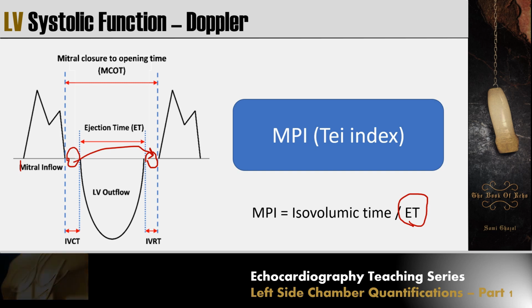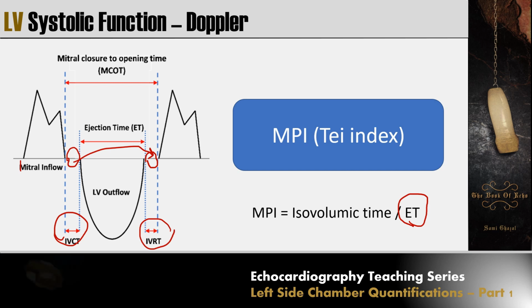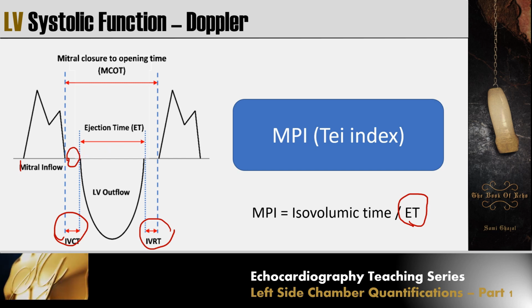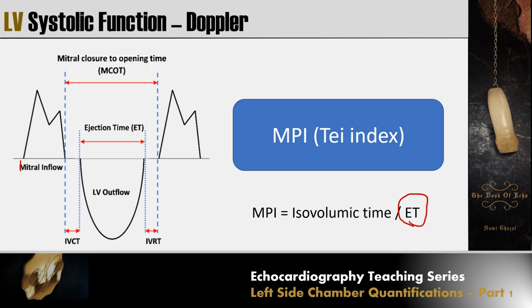How to do it? Either we measure independently the isovolumic contraction time and isovolumic relaxation time, add them together, and then divide by the ejection time, or we measure something called the mitral closure to opening time.